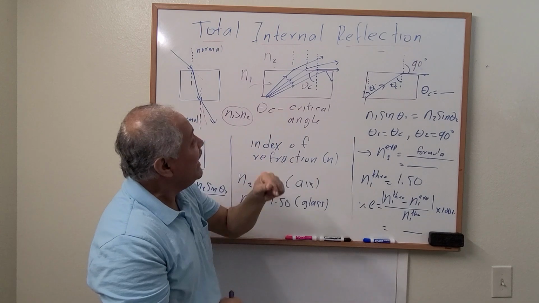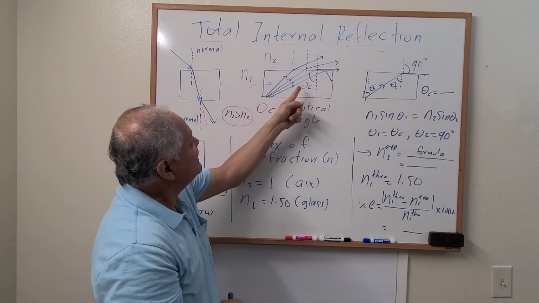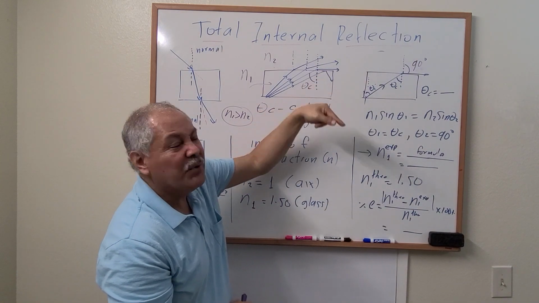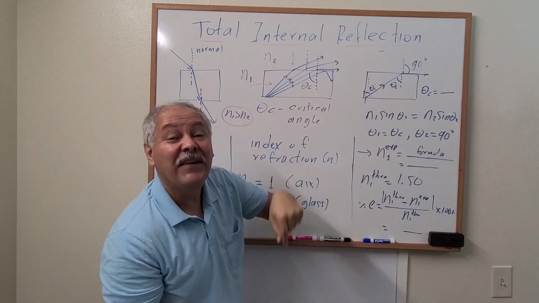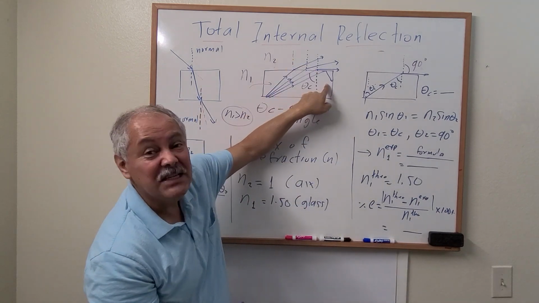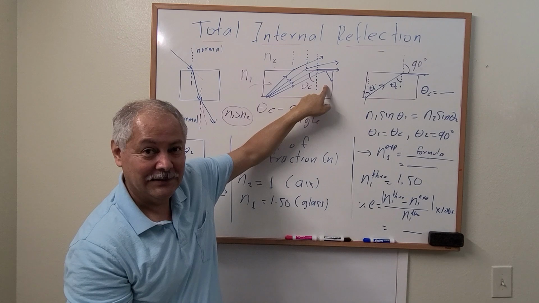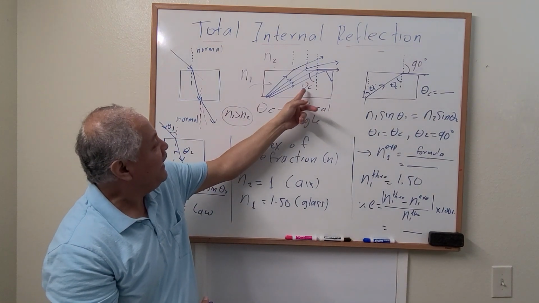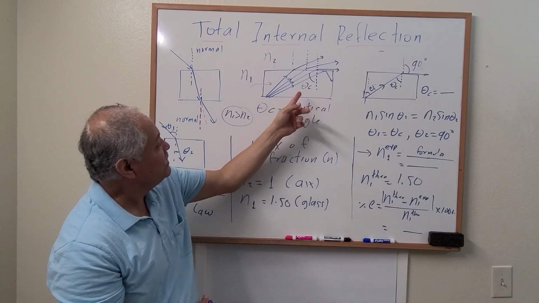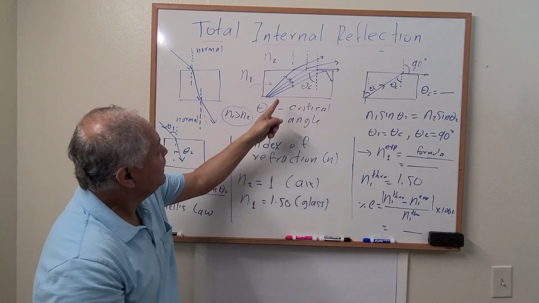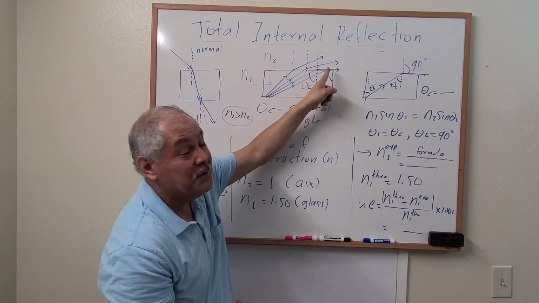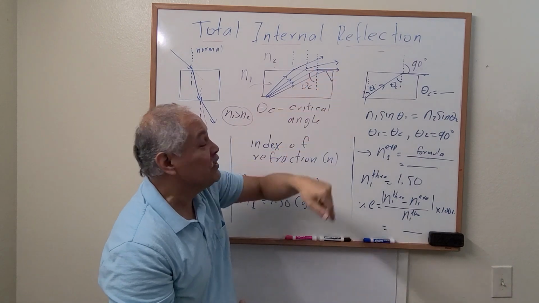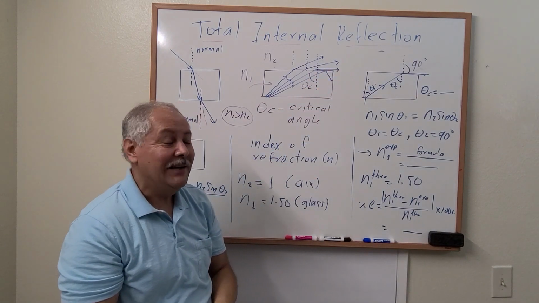Why? Because after that, if we increase the angle, the ray is not refracted. The ray is reflected toward the incident medium, in this case the glass. Now, today, let's find this critical angle, theta c, at which the refracted ray is parallel to the surface of the glass.